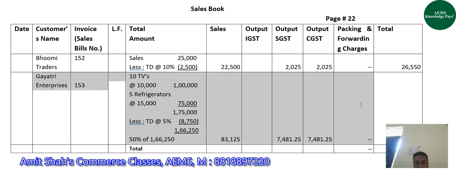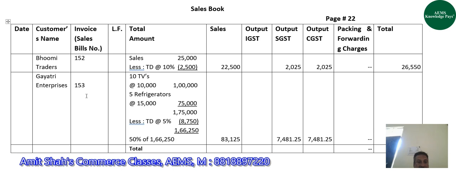Now we have to post this in Gayatri Enterprises account.